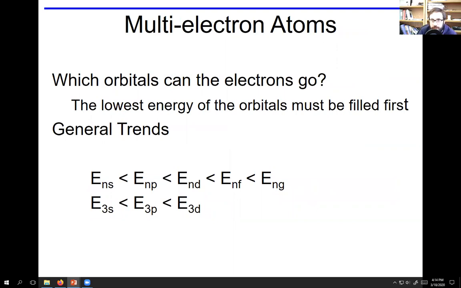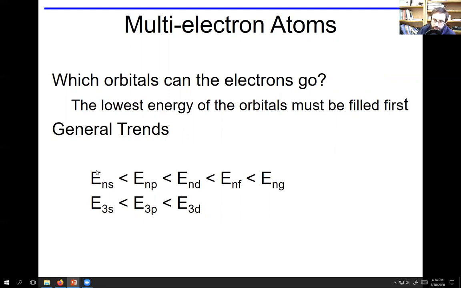Now, for atoms that have more than one electron, multi-electron atoms, we're going to figure out where these electrons go. There's basically an energy ordering of the different orbitals, and that tells you how to put the electrons in there. You're going to build up. You're going to put your first electrons in the lowest energy orbitals.